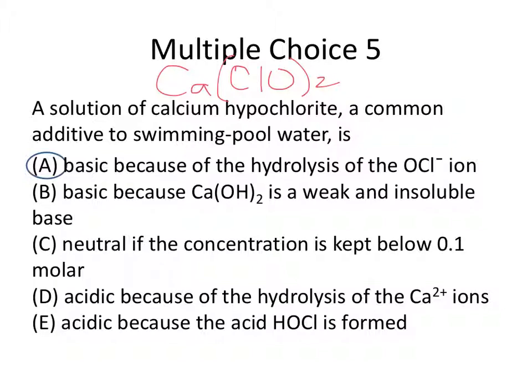What do we know about Ca(OH)2? It's strong. Neutral if the concentration is kept below 0.1. Acidic, well, that's wrong. Acidic, well, that's wrong too. The only parts left would be A and C. Yeah, process of elimination, guess.